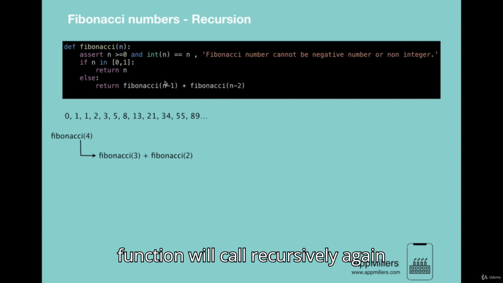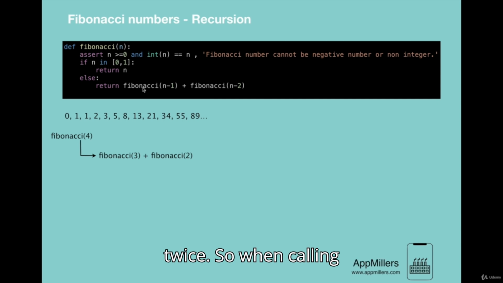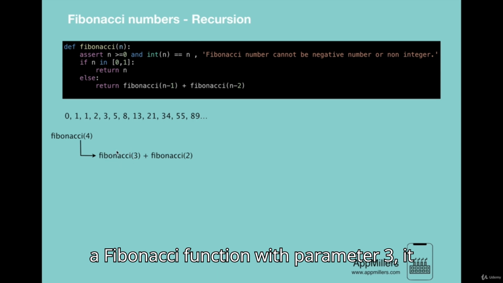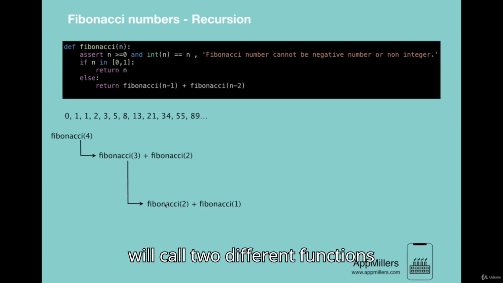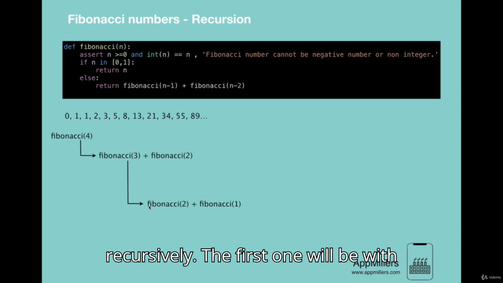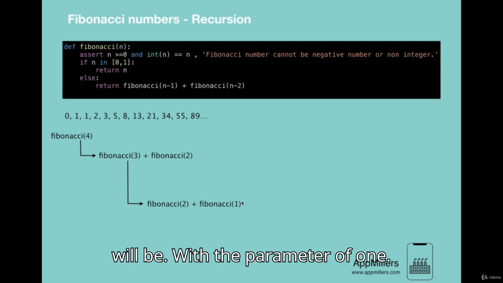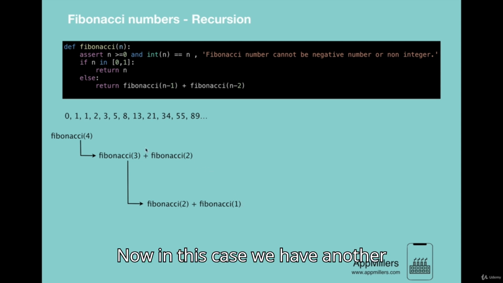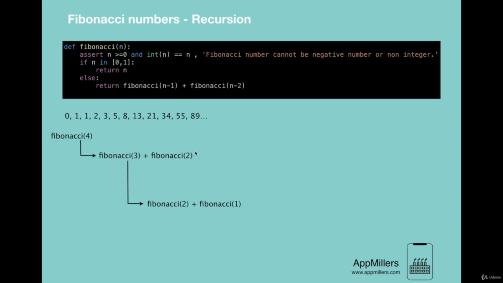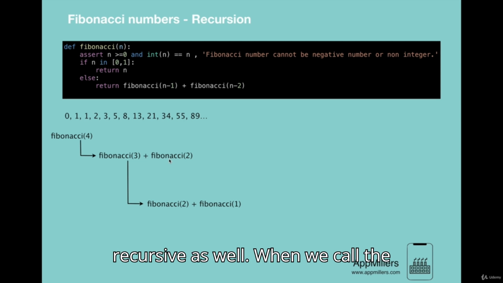Here, our function will call recursively twice. So when calling Fibonacci with parameter 3, it will call two different functions recursively. The first one will be with the parameter of 2, and the second one with the parameter of 1. Now, we have another function here which is also calling recursively.